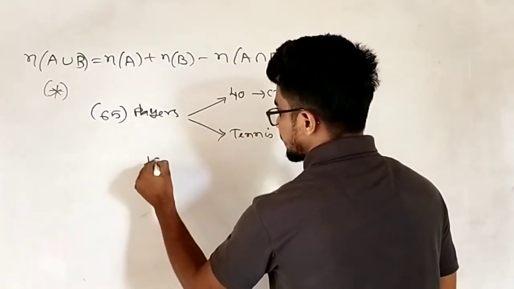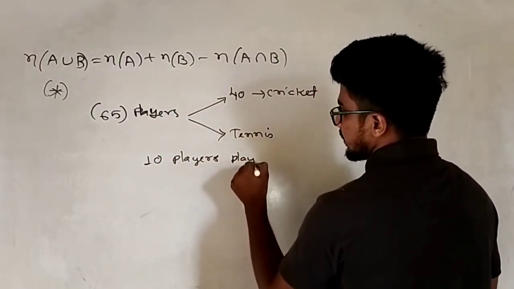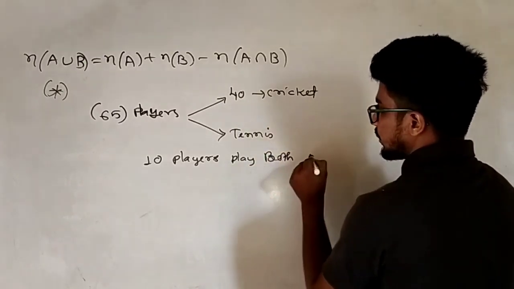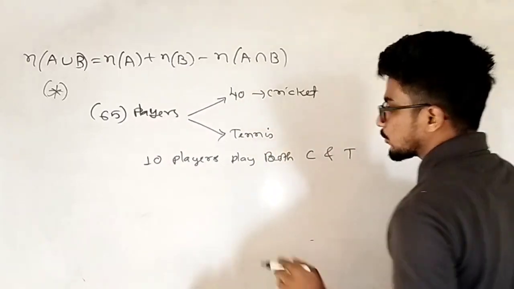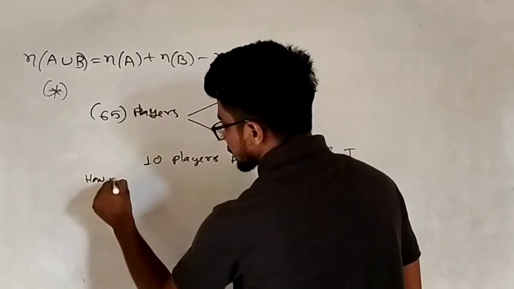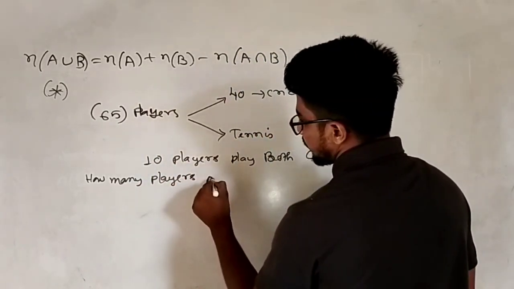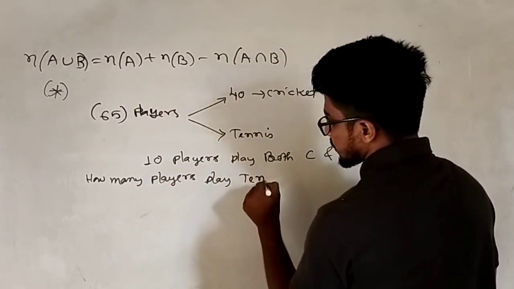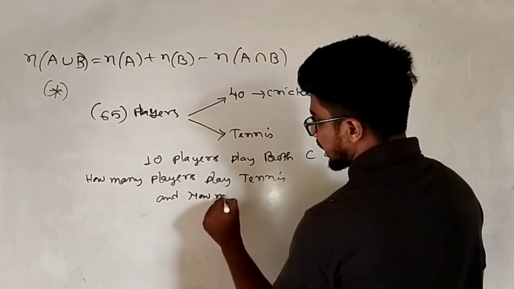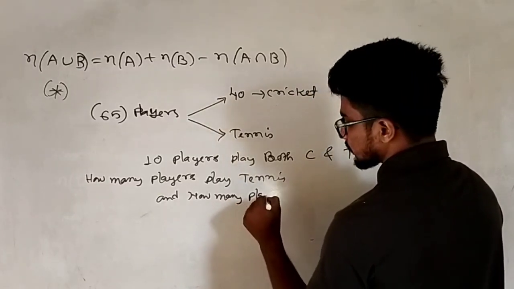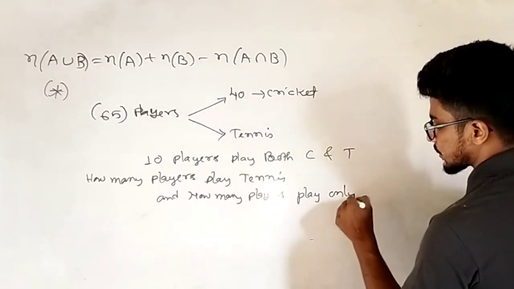Suppose 10 players play both cricket and tennis. Now we have to find how many players play tennis, and how many players play only tennis.